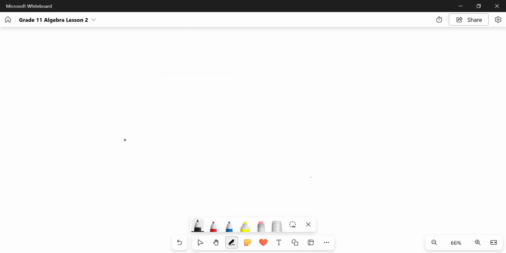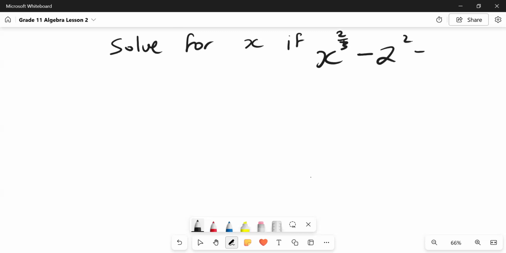So here they are saying solve for x if x to the power 2 over 3 minus 2 squared equals 0. We have to solve for x, right? So that's not a problem there.